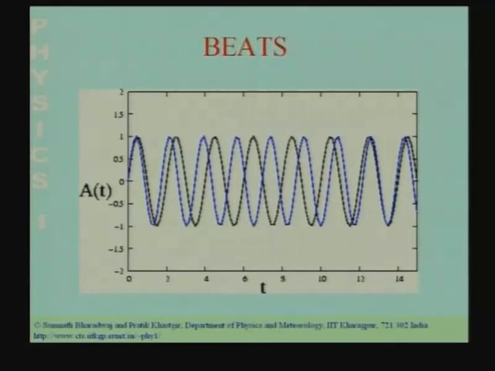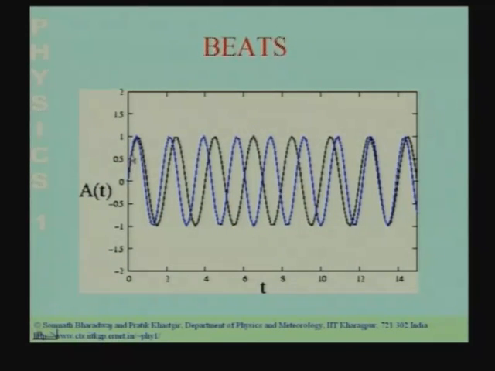This is what I am going to do for you now. This picture shows you the two waves and the oscillations of the two waves, which have two slightly different frequencies. So, omega 1 t and omega 2 t, there is a slight difference between these two. To start with, the difference is 0.